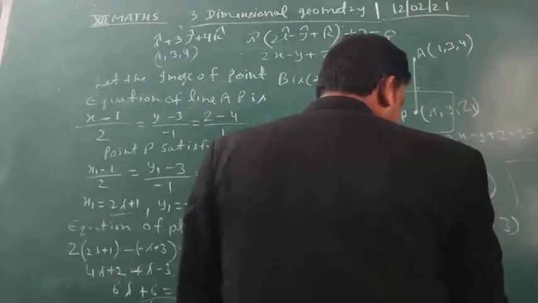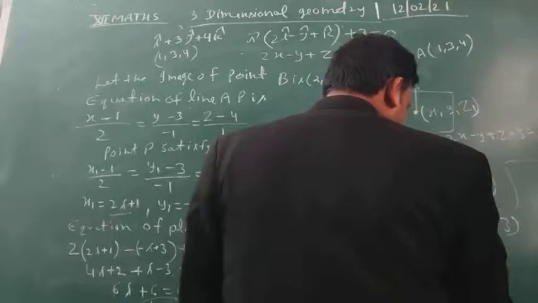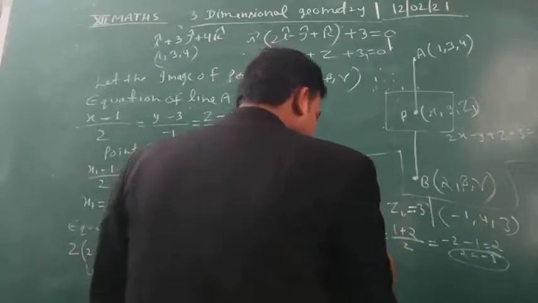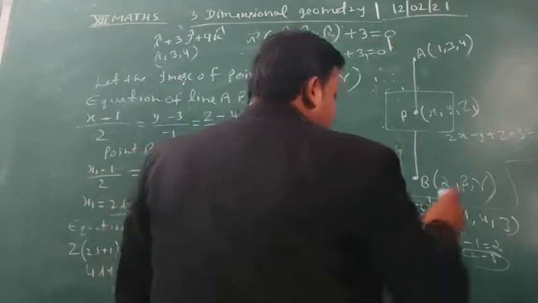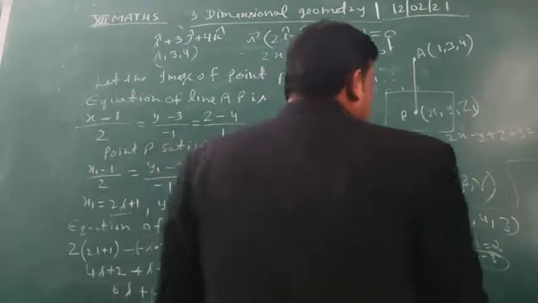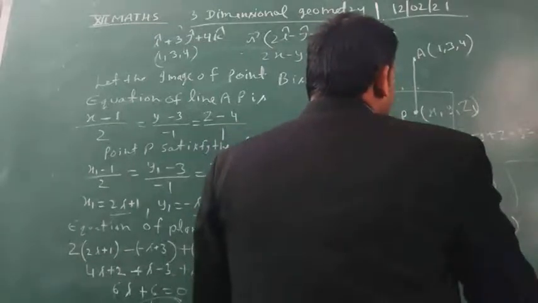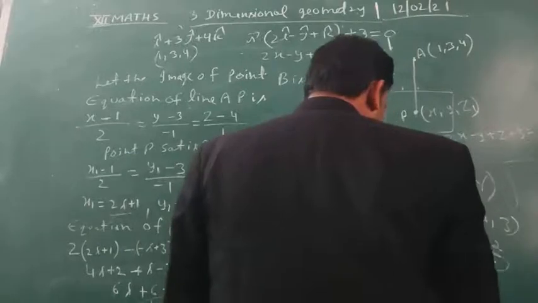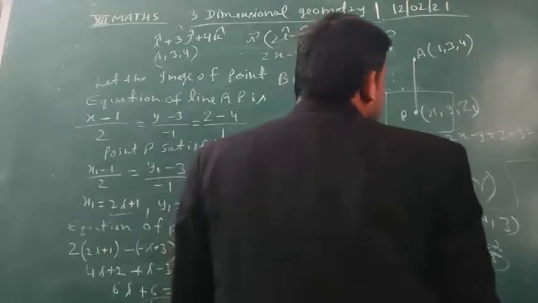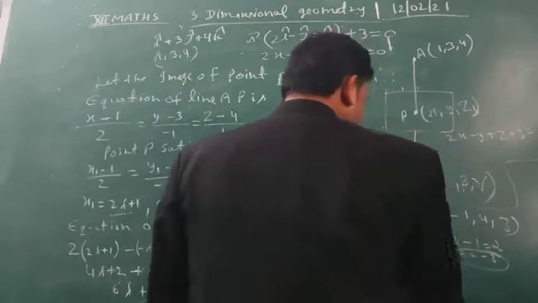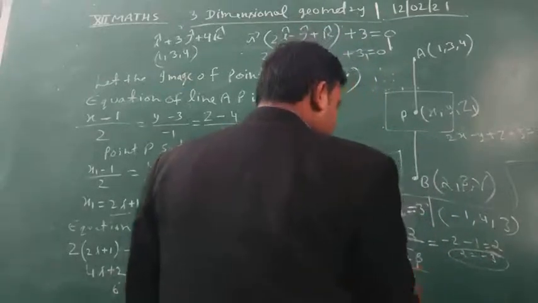So alpha is minus 3, and our beta, which is 4, that is 3 plus beta by 2.